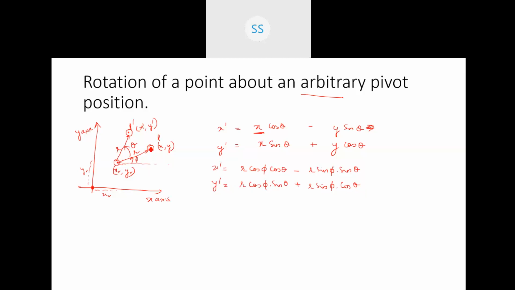Now, what was r? The value of r was the distance from the origin to x, wasn't it? That was my r value. Now what has happened here?